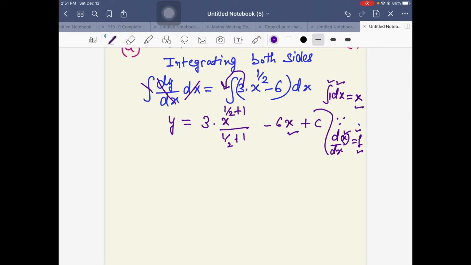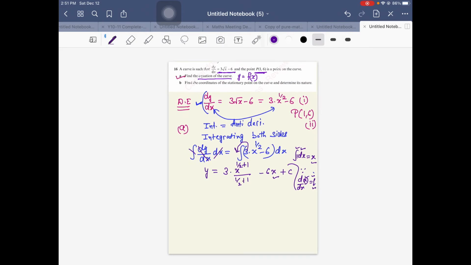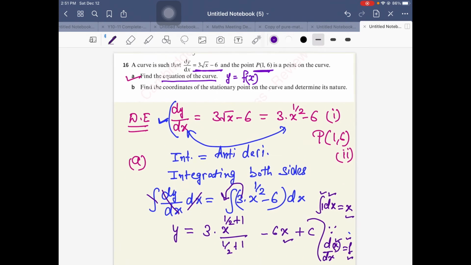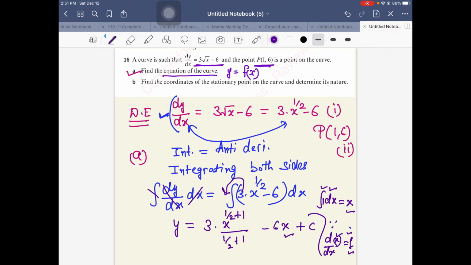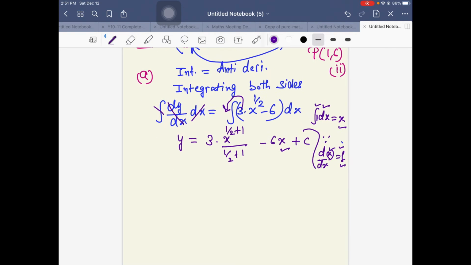Now we got this equation, but it's not the final answer to the A part. The A part is asking for the equation of the curve. We got y equals something, but we need to get rid of this c. Let's simplify a bit more. y equals 3 into x power 3/2, and this 3/2 in the denominator, when it comes up, gets inverted to 2/3, minus 6x plus c.